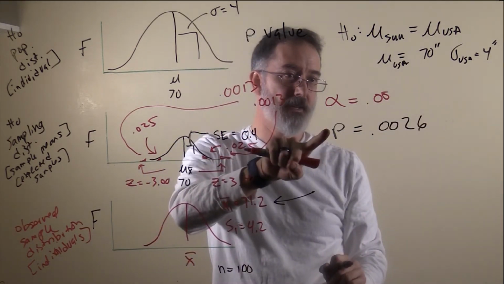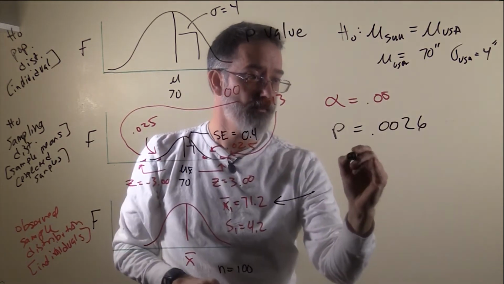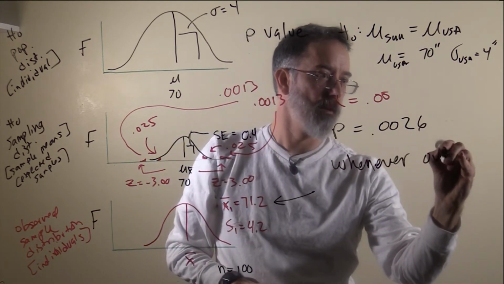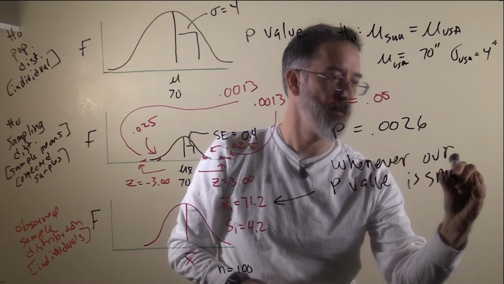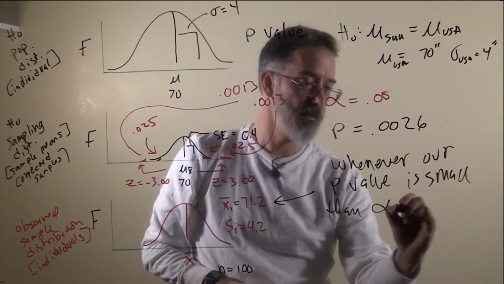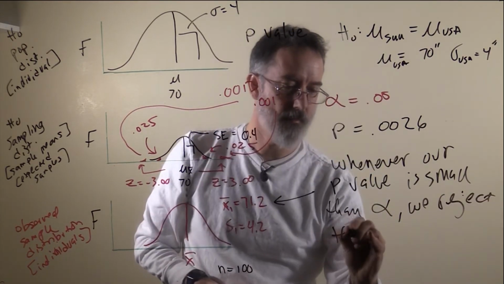So whenever our p-value is smaller than our alpha value, like it is here, we reject the null hypothesis.